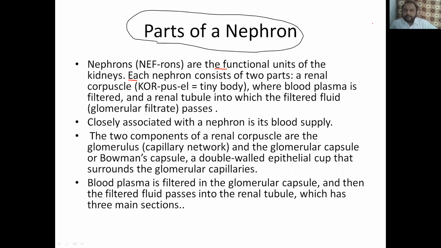Each nephron consists of two parts, a renal corpuscle. Renal corpuscle means a tiny body where the blood plasma is filtered. So the initial cup-like portion is called the renal corpuscle where the blood plasma is filtered, and a renal tubule into which the filtered fluid passes.